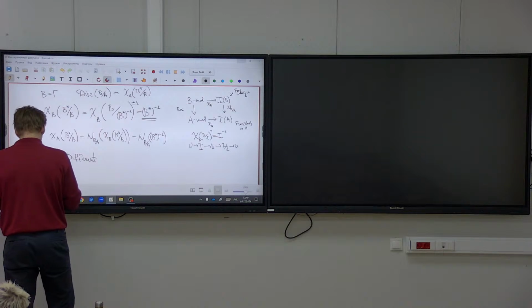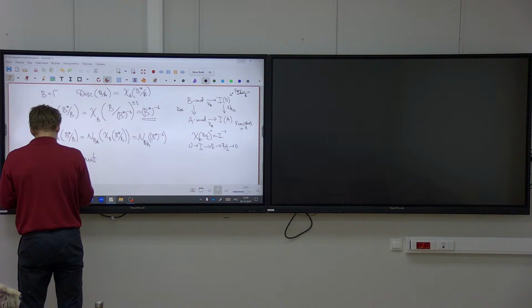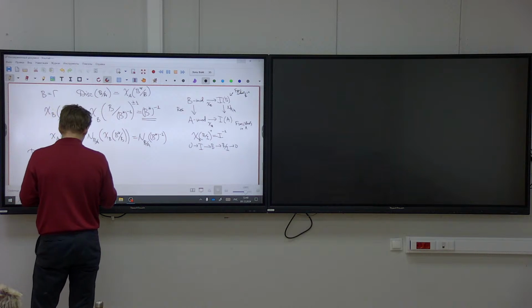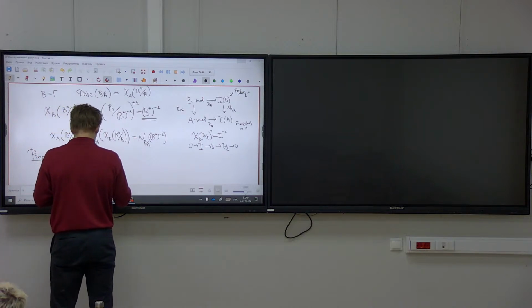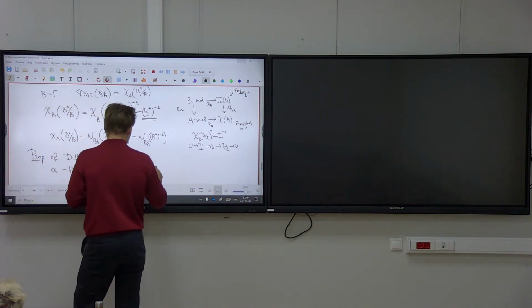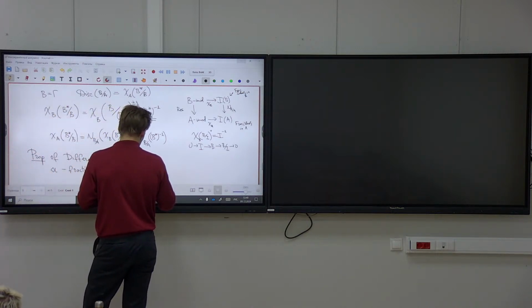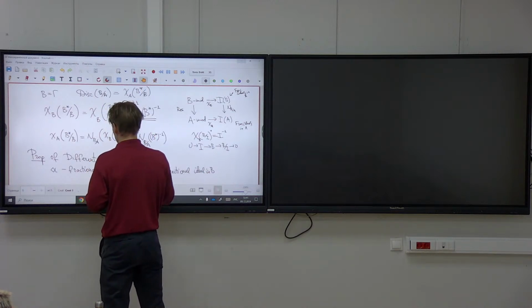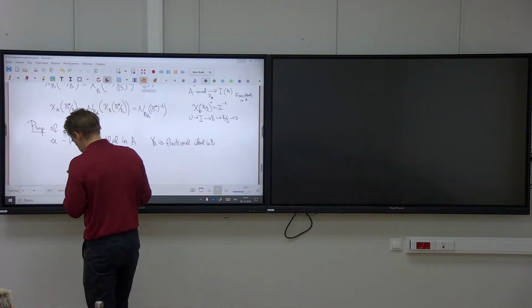Suppose you have a fractional ideal in A, and B is a fractional ideal in B. Then you have equivalent properties.